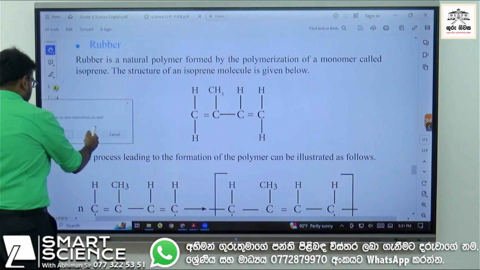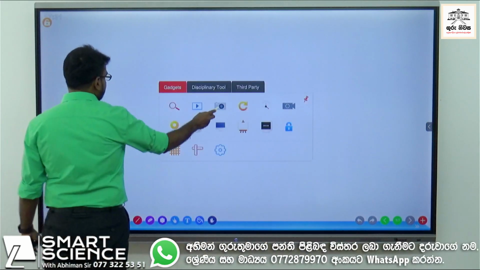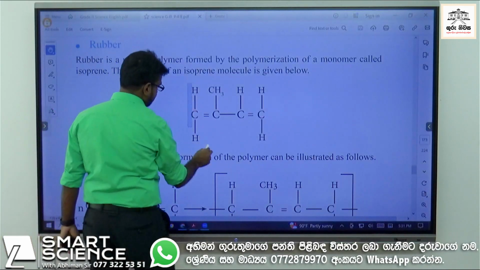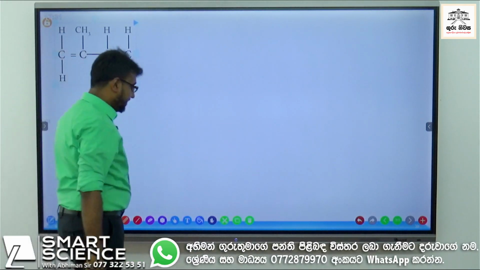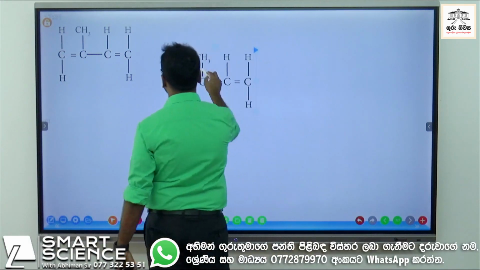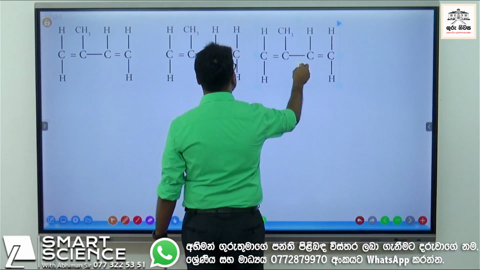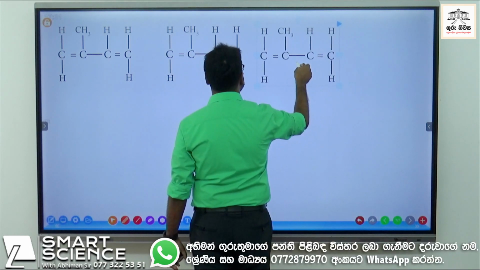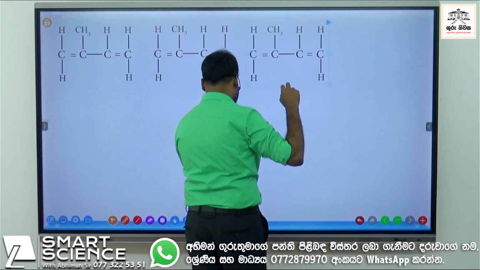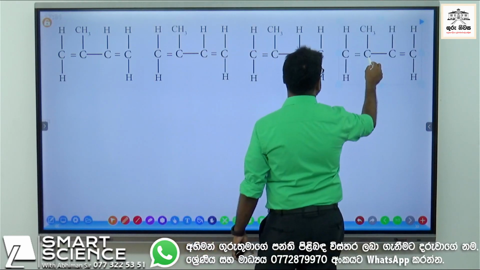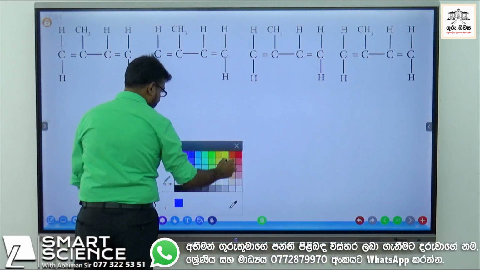This is the monomer and the repeated unit like this. Another one, you can draw that too. Then what happens? They are breaking into two.